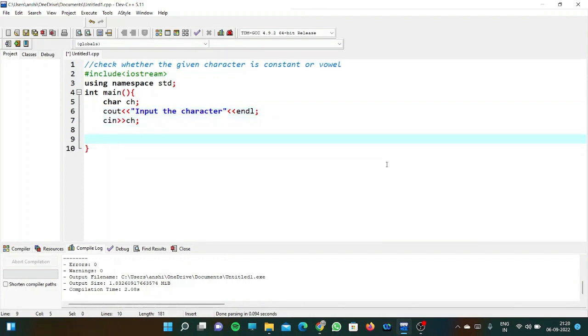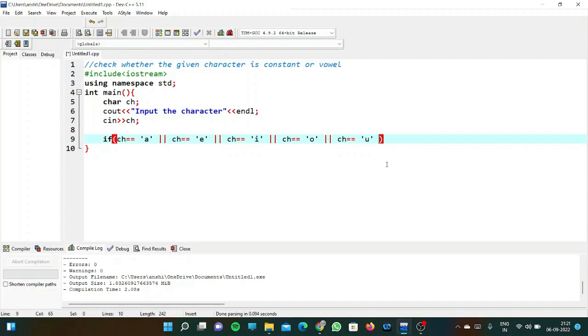Okay, now we have to check whether it is a constant or a vowel, so we'll use if, because here comes the condition. So if our ch is equal to small a, or if ch is equal to small e, or if ch is equal to small i, or if ch is equal to small o, or if ch is equal to small u.